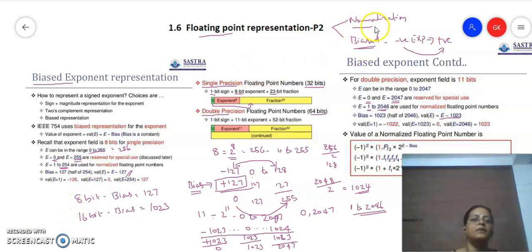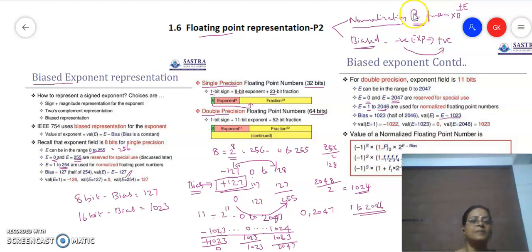Coming to normalization, floating point numbers are always expected to have the significand as 1, then the dot, then the fraction part, and then the base with the power plus or minus e. This plus or minus e is always converted to positive by means of the biased exponent, and by normalization we always expect one non-zero digit to the left of the decimal point, sorry, binary point or decimal point depending upon the number system.